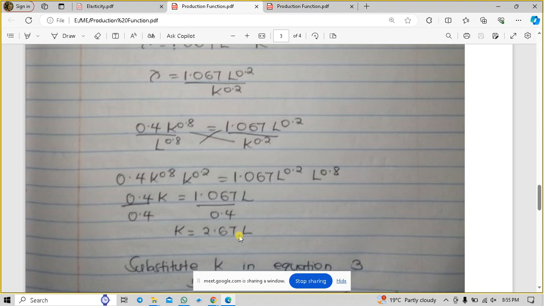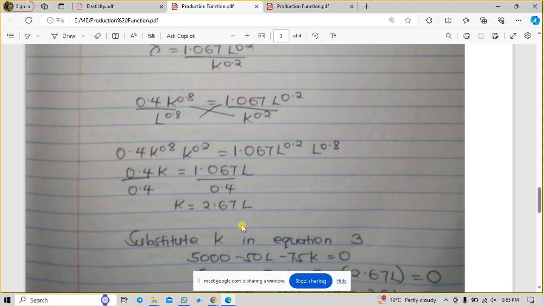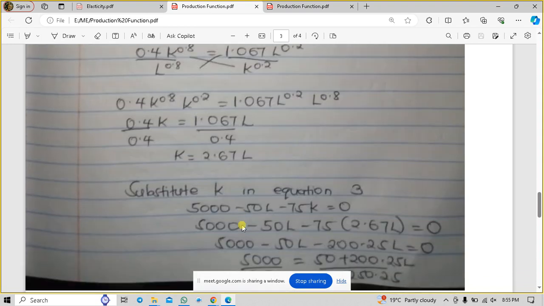Is there a question about cross multiplying? So this question, I know it's not easy, but you really have to practice it.